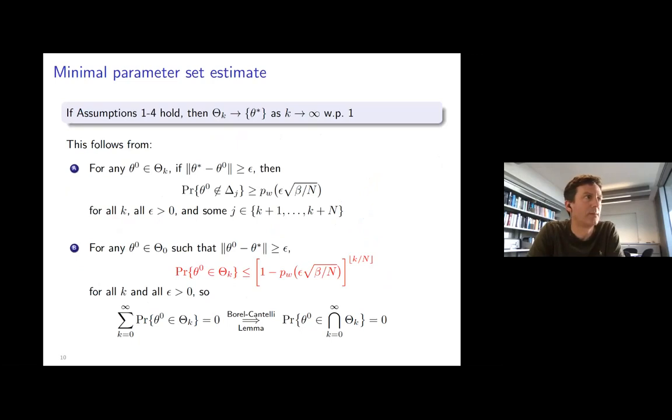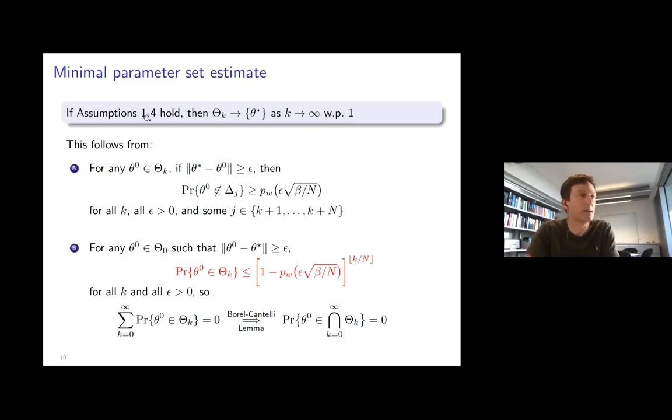Okay, so this leads us to some nice conclusions about the convergence of the parameter set estimate. So if we have these four assumptions, that's basically that the disturbance belongs to a convex compact set, that the model is affine in the parameters, that the disturbance set is tight in the sense that the realizations of the disturbance can approach the boundary with non-zero probability, and finally we have persistence of excitation.